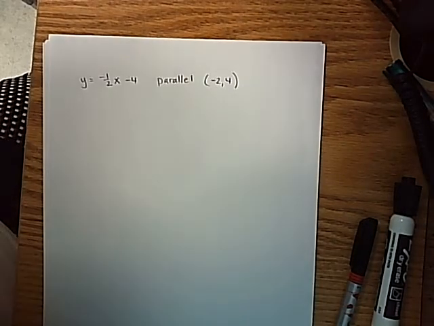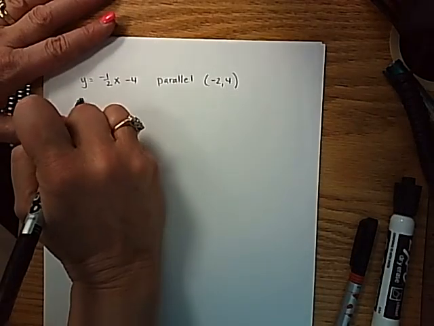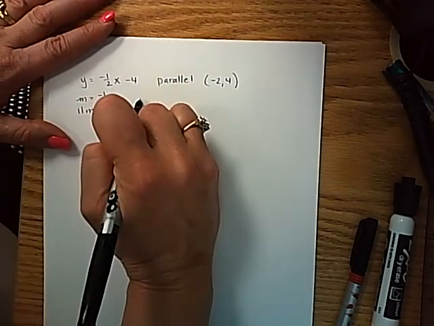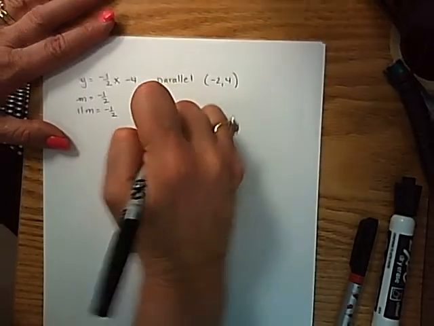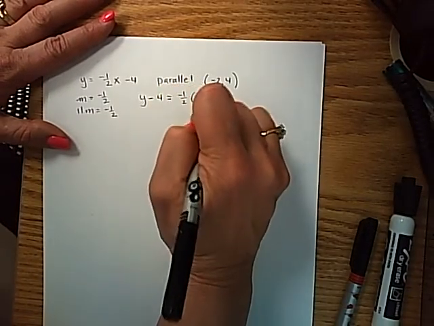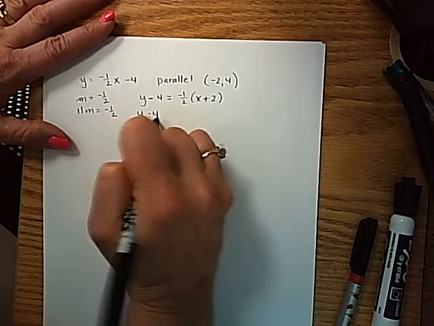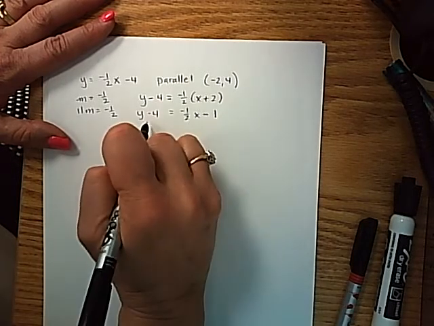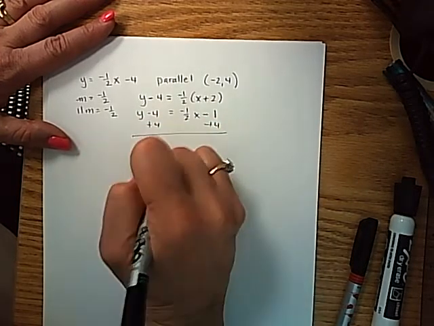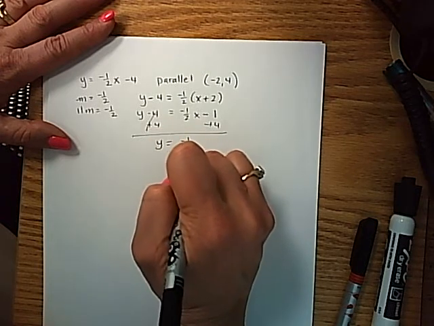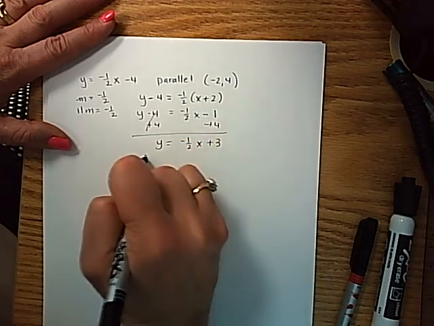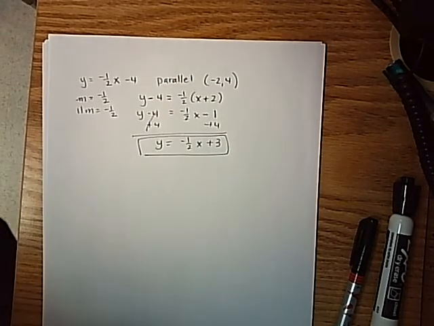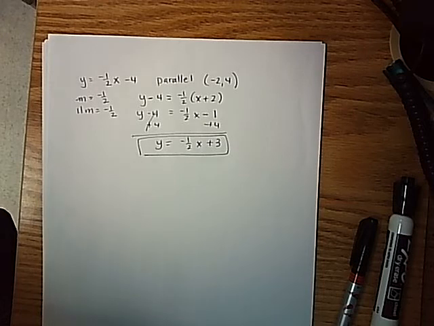While you're working it, pause the video to help you out. There's the equation of the line that is parallel through the point (-2, 4).